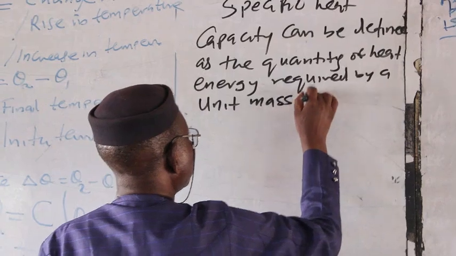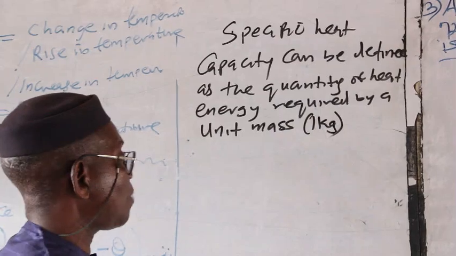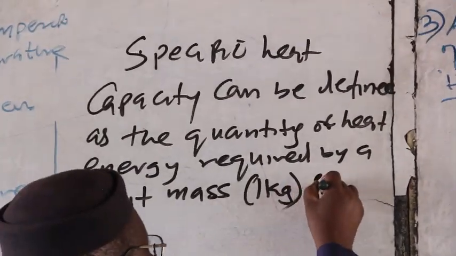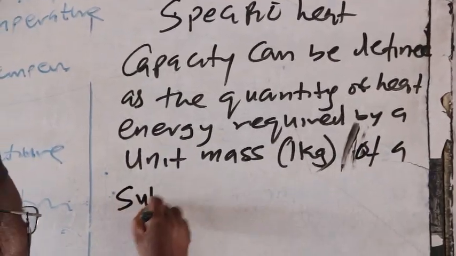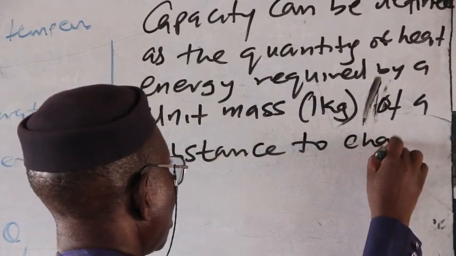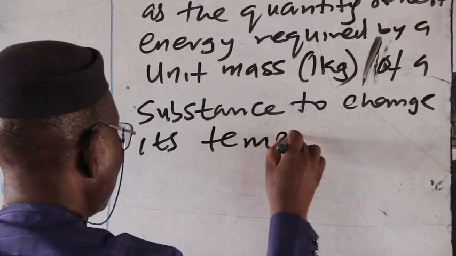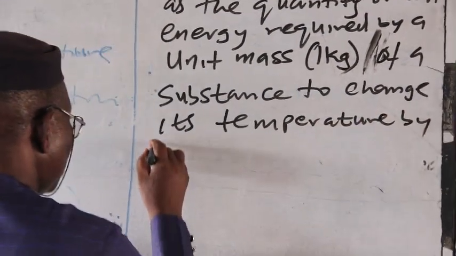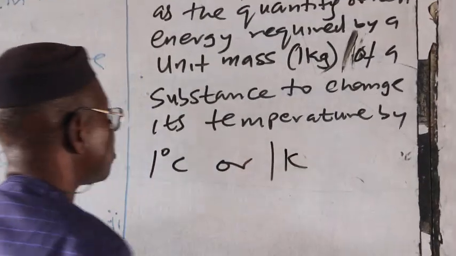Please, a unit mass is 1 kilogram. You may not put that, but if you put it in brackets, no problem. A unit mass of a substance to change its temperature by 1 degree Celsius or 1 Kelvin.